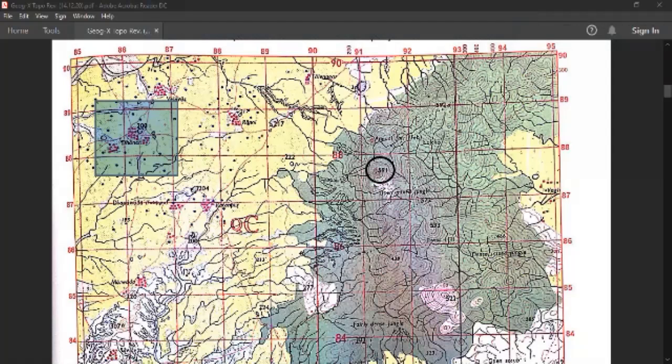Right? As we have a triangulated height as 592, but here we were asked about the highest spot height. So we are going to mention 591 as the highest spot height.